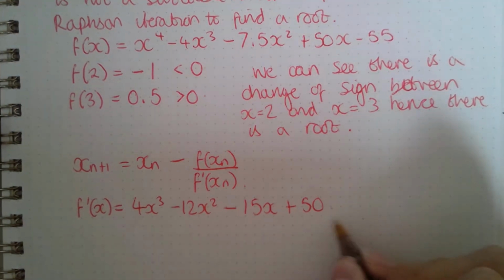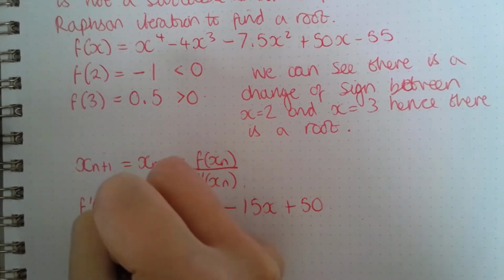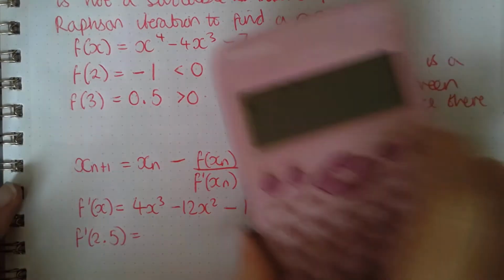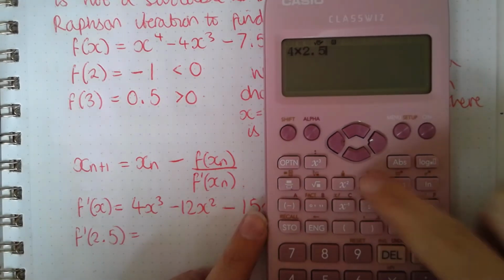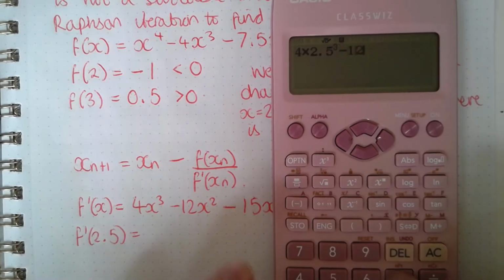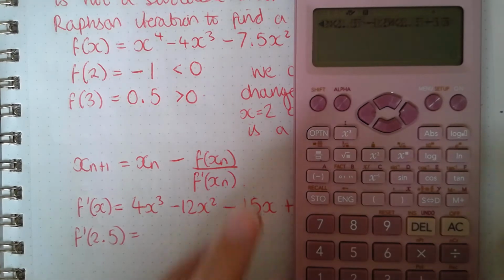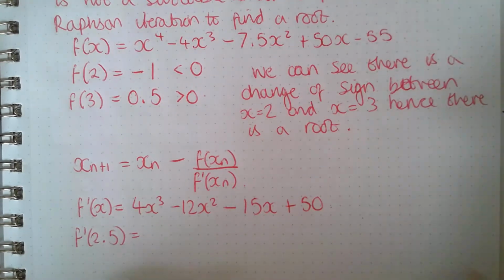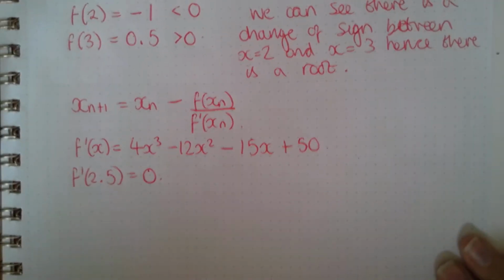So if I was to substitute 2.5 into our f prime, okay, so 4 times 2.5 cubed, take away 12 times 2.5 squared, take away 15 times 2.5 plus 50, you get 0. Okay, so when we substitute in 2.5, we end up getting 0.